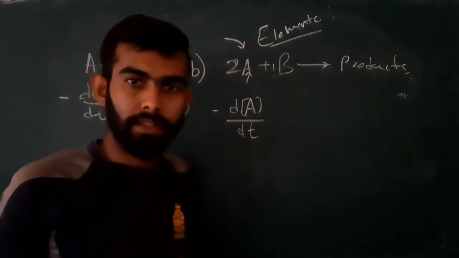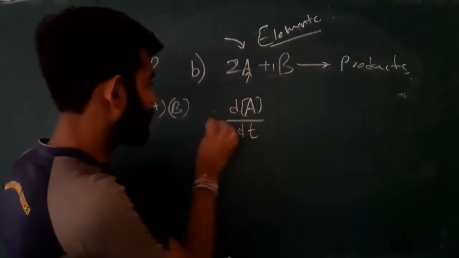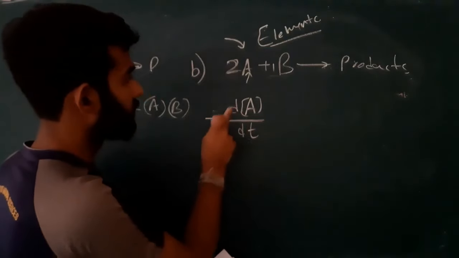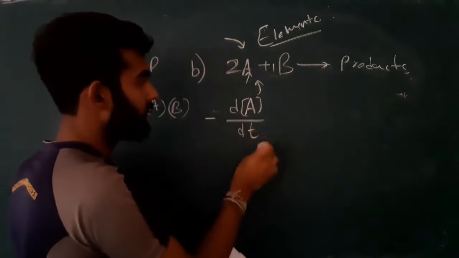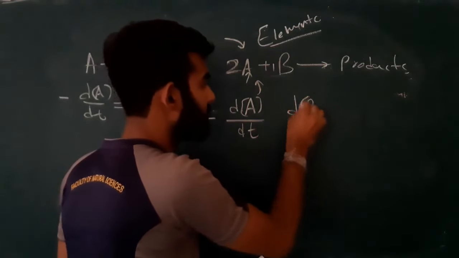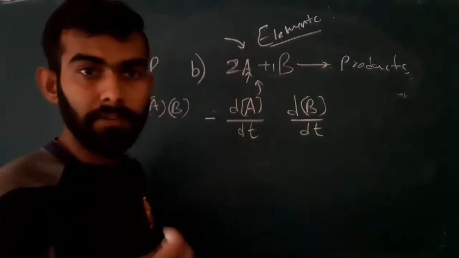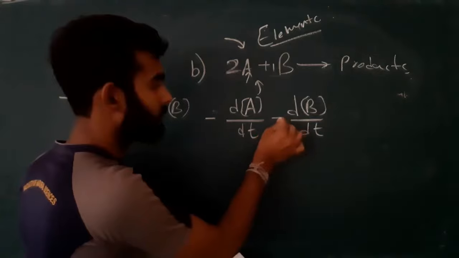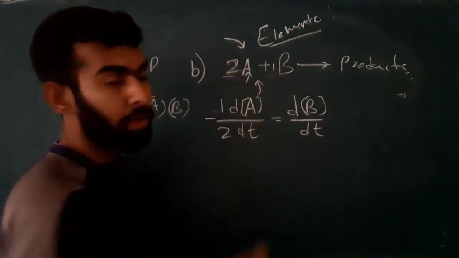Now we can't write just dA over dt. Why? The rate with respect to A and the rate with respect to B are somewhat different here, because their stoichiometry is different. So to get an equal expression, we have to divide dA by its stoichiometry.